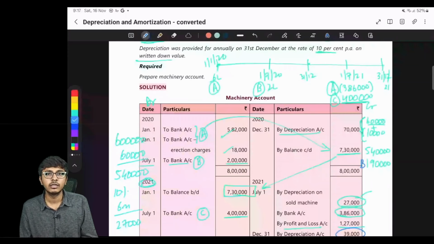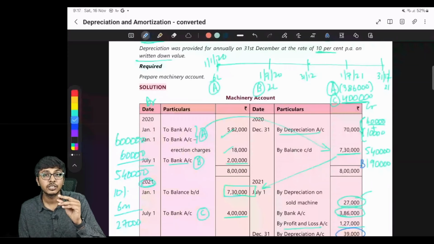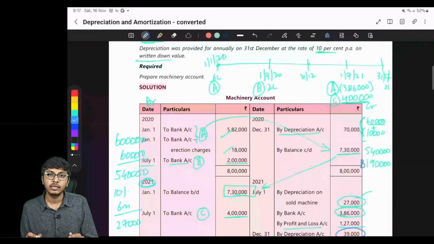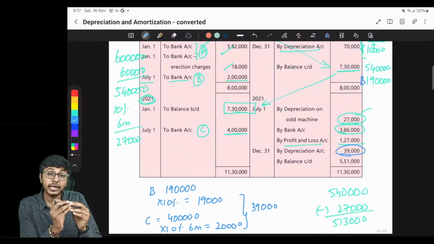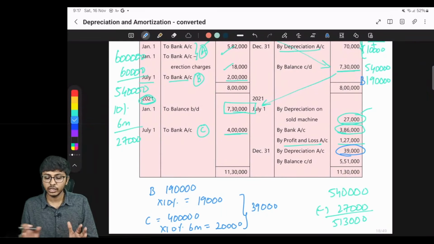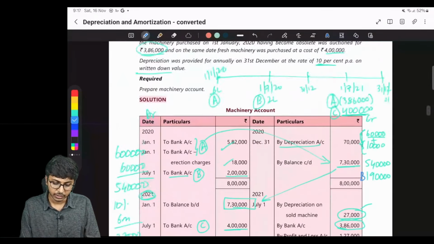It's not very difficult. You calculate the depreciation separately for each asset, then you will get the total depreciation amount. So how to get the depreciation amount for each year? Just calculate the depreciation separately for each asset, then you will get the total. So again, quickly we will revise.